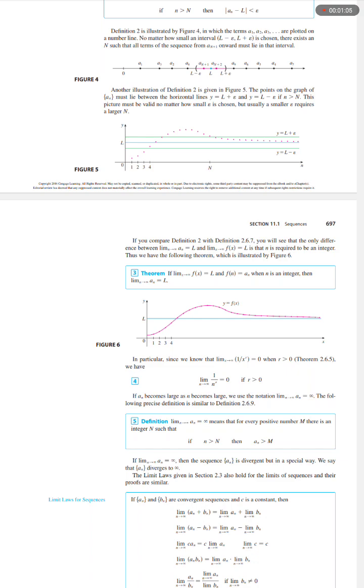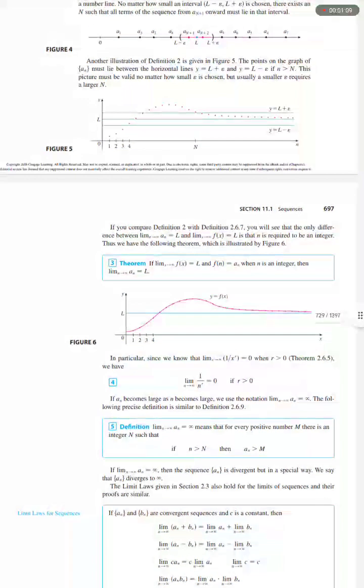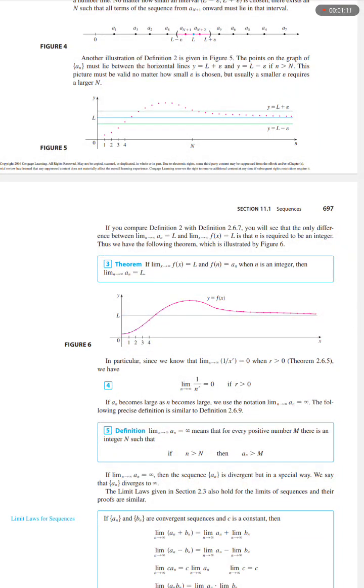Theorem 3. If the limit as x approaches infinity of f of x equals big L and f of n equals a sub n when n is an integer, then the limit as n approaches infinity of a sub n equals big L. Figure 6.